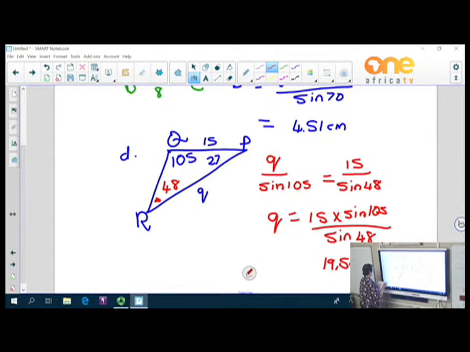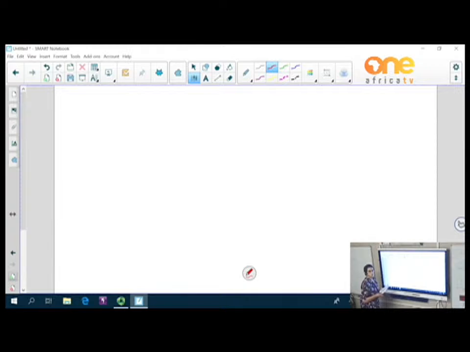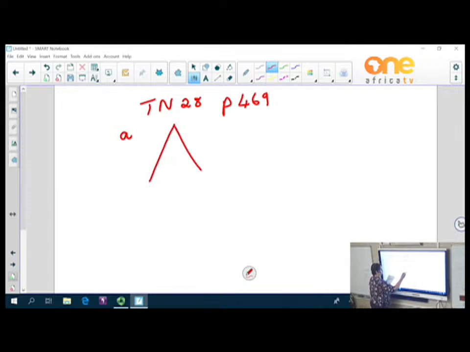Okay. Now we're going to look at the next one where we are finding the angle now. So this is now try now 28, and we are busy on page 469. Right, the first one there, I draw the picture.